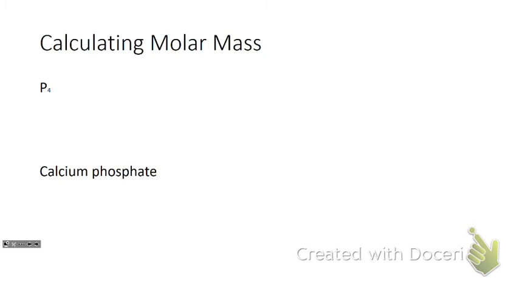Calculating molar mass. We did this yesterday, so it should be pretty fresh for us. If we are calculating the mass of elemental phosphorus, P4, I know that the molar mass of one atom of phosphorus is 30.97 grams per mole. But how many phosphorus do we have? 4. So we need to multiply that by 4.